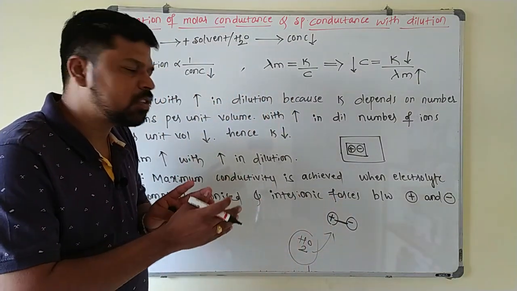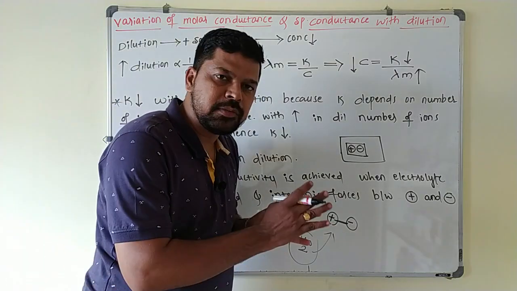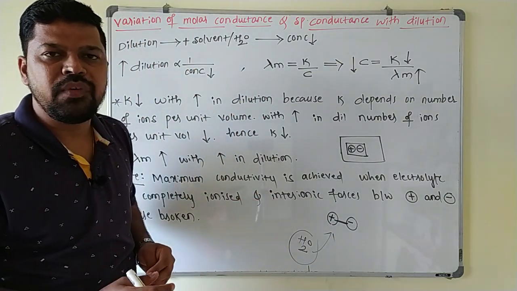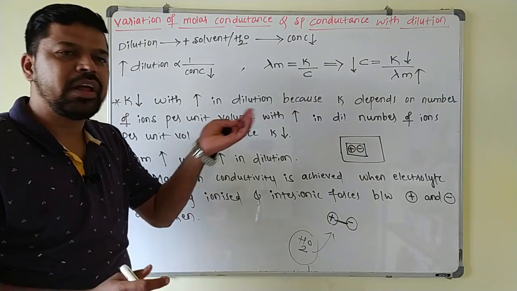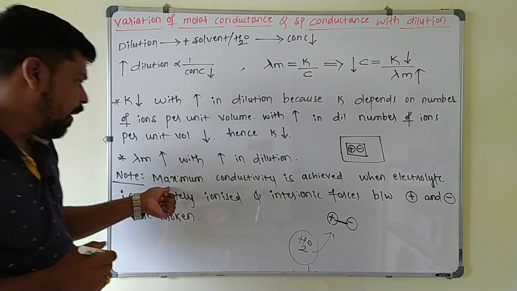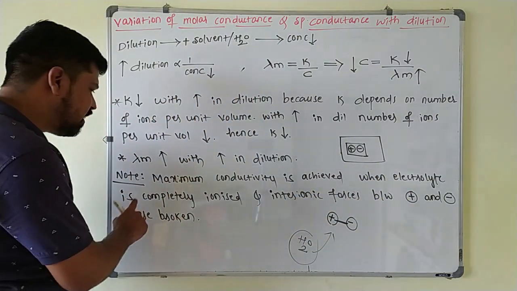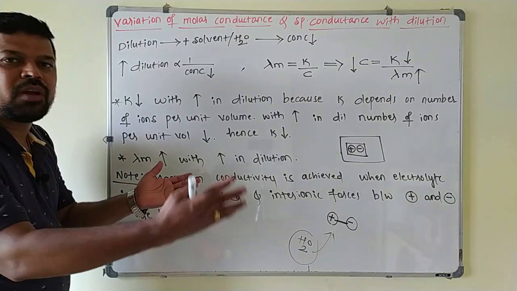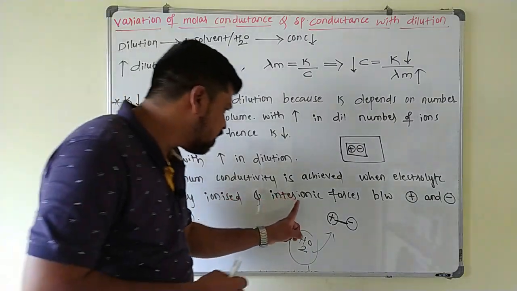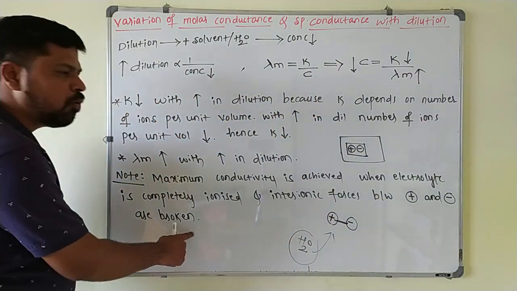Once the force of attraction between cation and anion, that is the interionic force, is broken, they start moving independently. Then ionic conductance will increase. That's why maximum conductance is achieved when the electrolyte is completely ionized, because more number of ions are formed and interionic forces between cation and anion are broken.